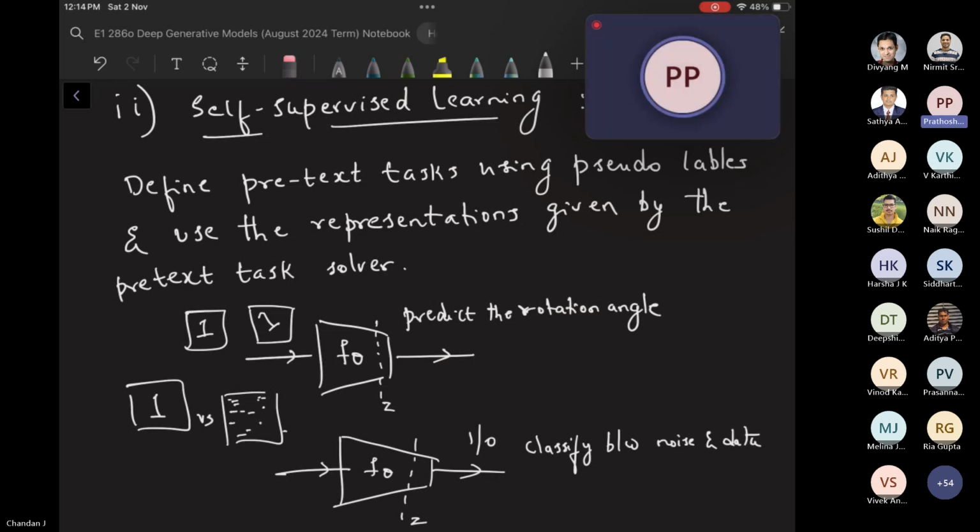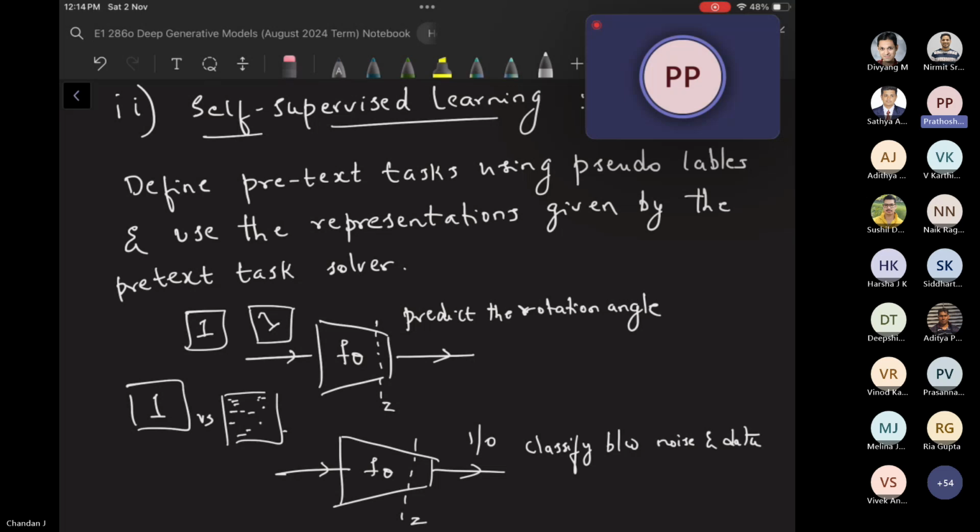What is shown is that if you solve pseudo tasks like this, these are called self-supervised tasks. Basically, you're given data, and you create some pseudo tasks using self-supervision. A network that solves those tasks is shown to have representations that are very strong in solving the underlying downstream task. It will learn the underlying distribution, is what has been shown.